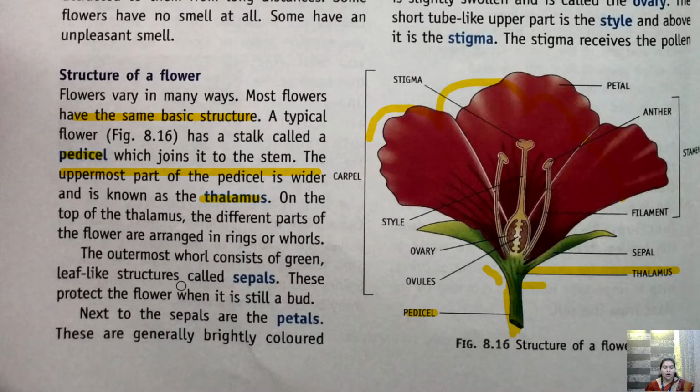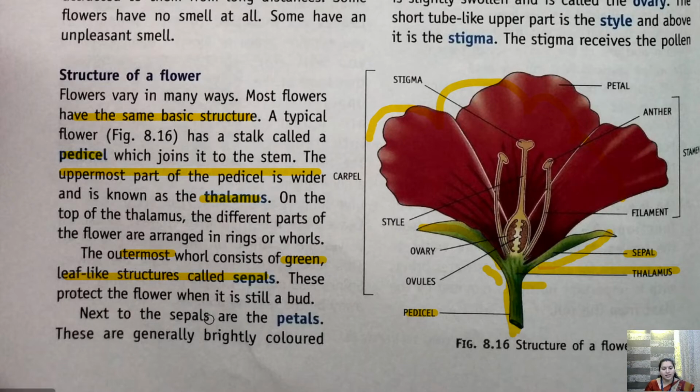Now, the outermost whorl consists of a green leaf-like structure called sepal. ये जो green structure आप देख रहे हो, green leaf, ठीक है? इसको हम क्या बोलते हैं? Sepal. Getting it? तो सबसे नीचे क्या हुआ? Pedicel. Then we have thalamus. Then we have sepal. Okay. Now these protect the flower when it is still in the bud. तो ये protective layer की तरह काम करता है.